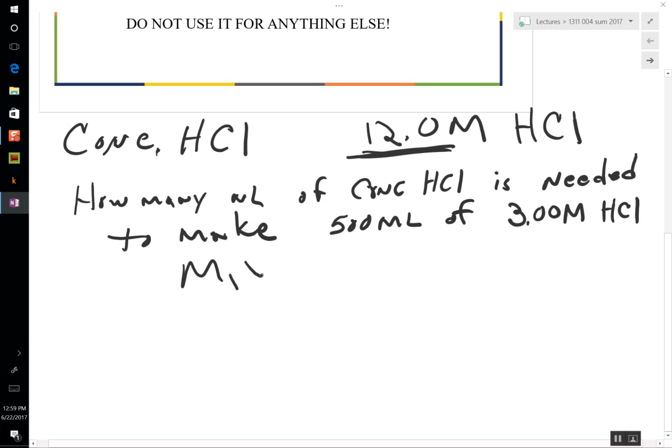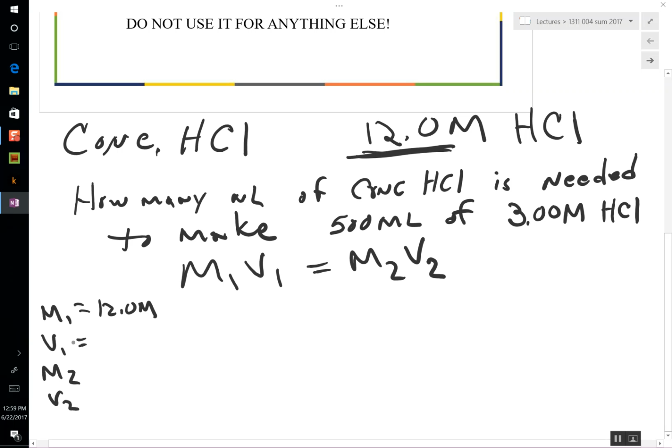Here's our equation. Let's just take stock of what we know. M1 is 12 molar. What's V1? Unknown, that's what we want to know.